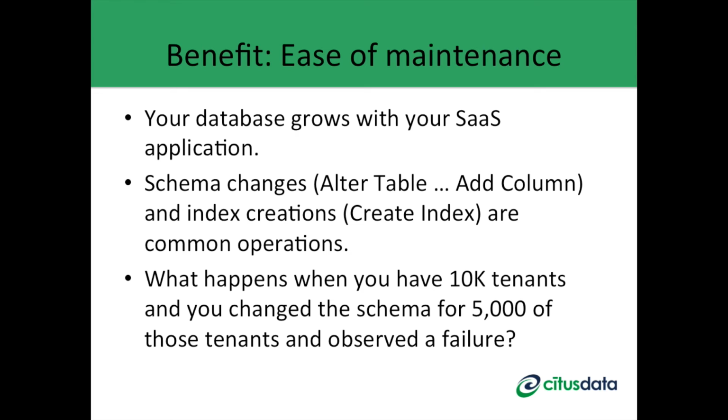For example, what happens when you change the schema for 5,000 of the 10,000 tenants and observe the failure? When you shard your tables for multi-tenancy, then you're having your database do the work for you. The database will either ensure that an alter table goes through across all the shards, or it will roll it back.